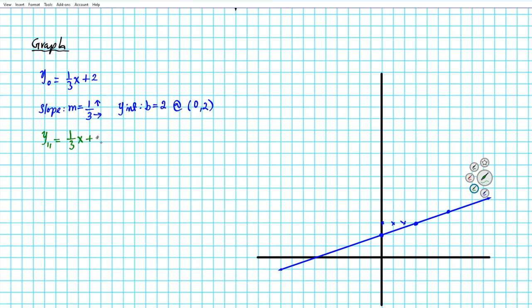Remember, it has to be parallel to the original line, and it has to go through the point 3, 2. So the slope m is 1/3. We're going to rise 1, run 3, and start at the y-intercept b, which is 1.